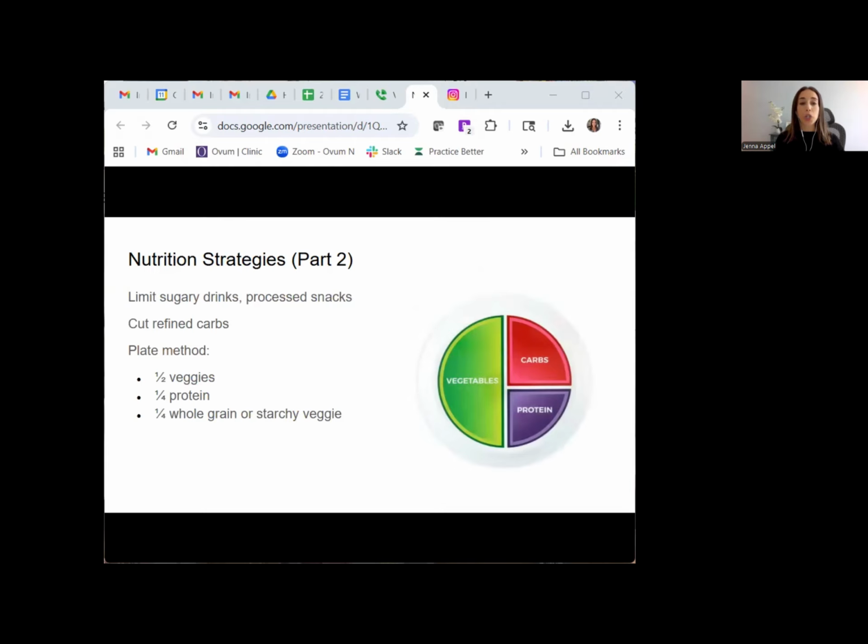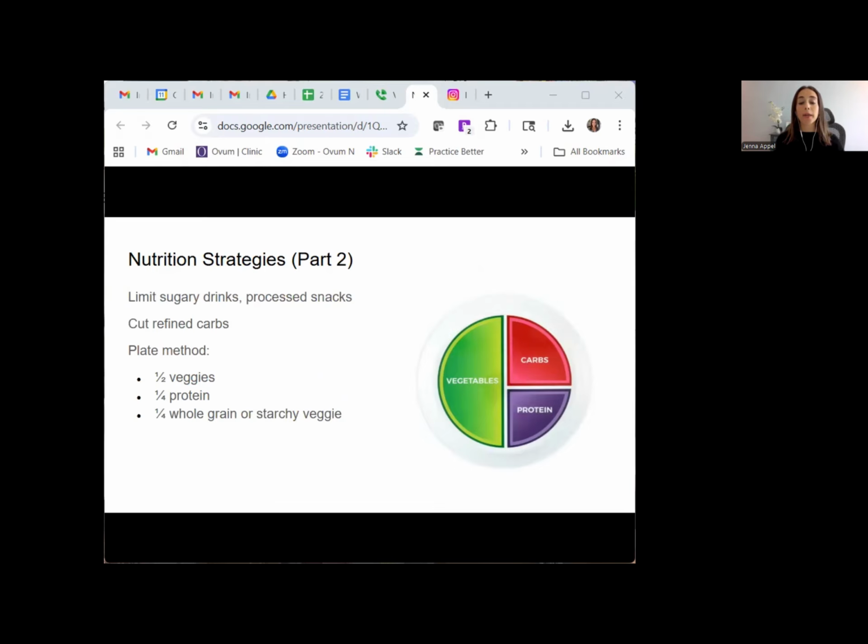So for part two, on the flip side, we want to try to limit added sugars, things like sugary drinks, and refined carbohydrates like white breads and pastries, and instead focus on balance using the plate method, which there's a visual for you here.